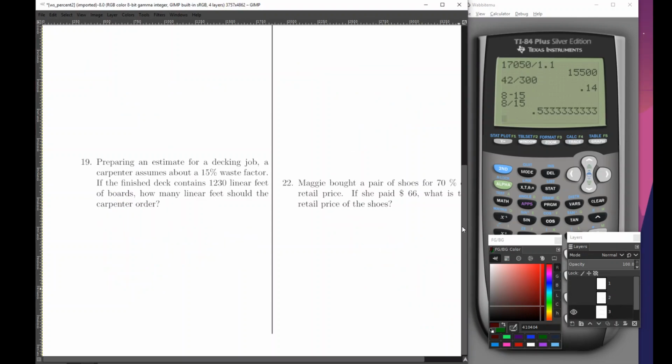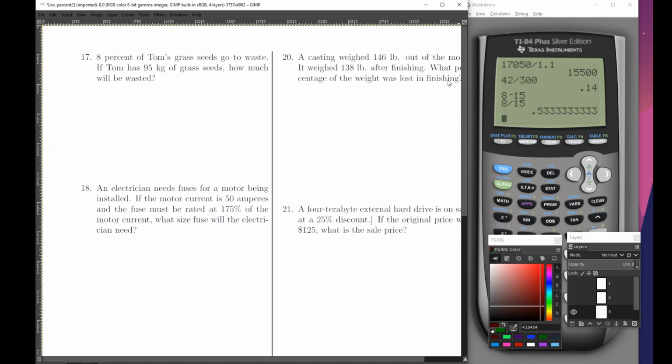What's next? Word problems. Wonderful. 8% of Tom's grass seeds go to waste. If Tom has 95 kilograms of grass seeds, how much will be wasted? 8% of what? The 95 kilograms. So we want to find what is 8% of 95.